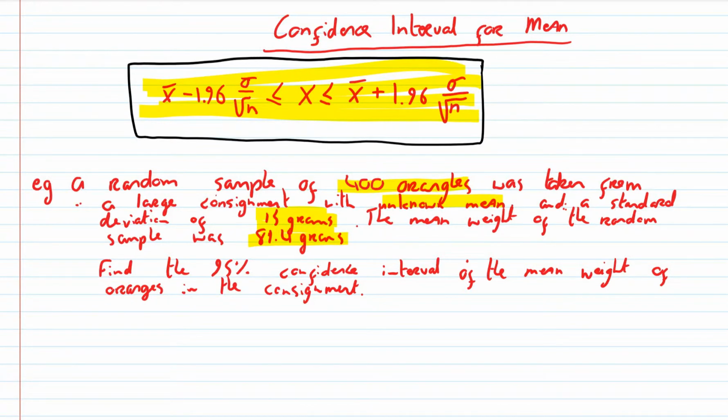What I mean by this is the real mean will lie between the mean we get plus the standard error and the mean we get minus the standard error.